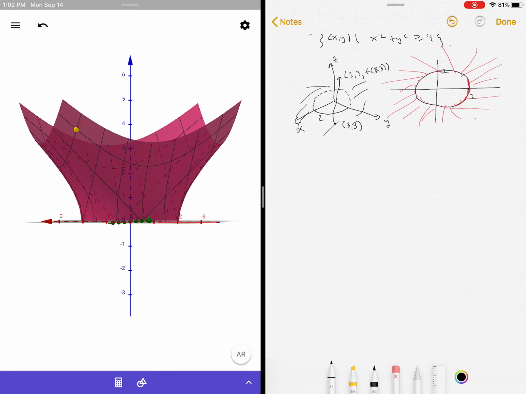Okay, and so this is the curve right here. Yeah. So there's the curve. It's actually a surface, not a curve. And remember that when we're graphing these, we're not graphing volume. We're just graphing a surface, so it's really the shell of this thing.